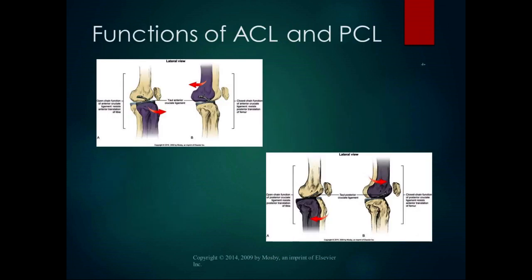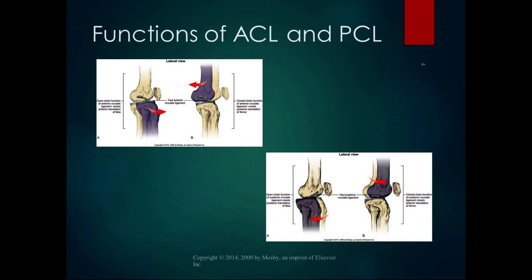So these pictures are in the book, and I love these pictures, I've just got to tell you, and they're much bigger in the book than what you can see here. But just while these pictures are up, I'm going to talk about what the ACL and PCL do. So we have to talk about open chain and closed chain because we use our knee in both.